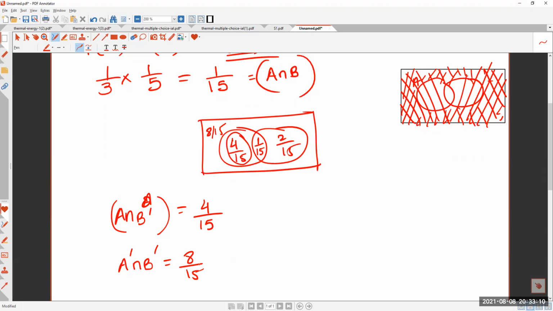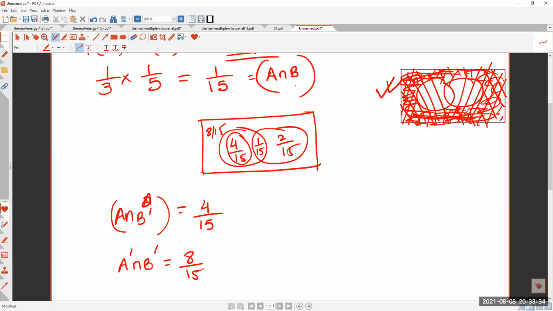What is A complement intersection B complement? It means where the two lines cross. Look at this line over here. The two lines are crossing. This is your final shading. No, it is everything outside both circles.